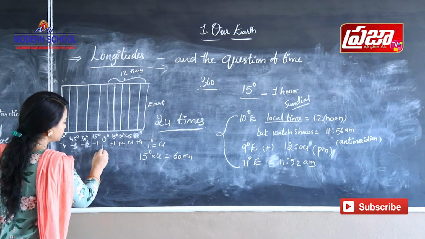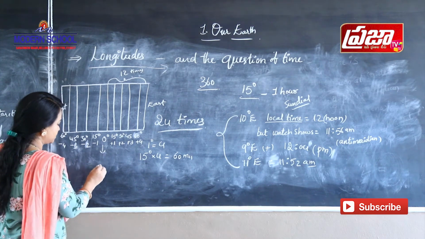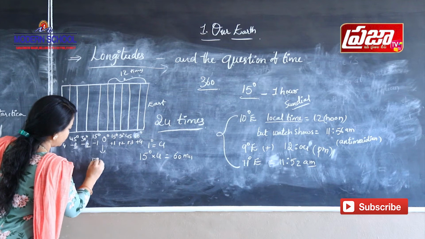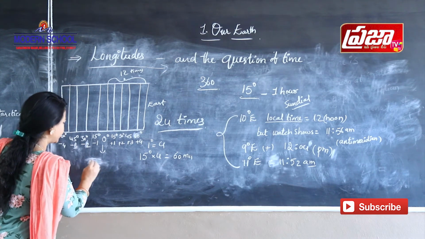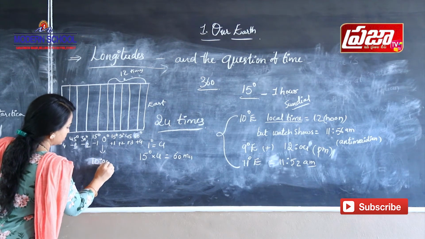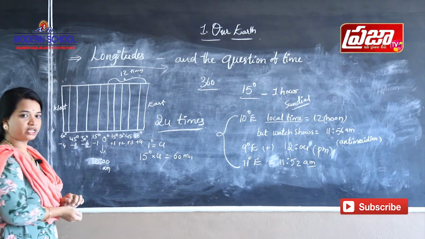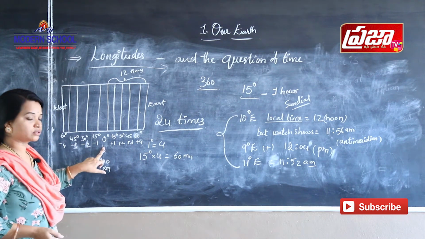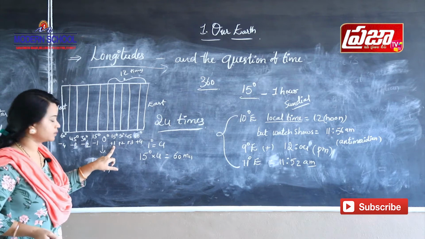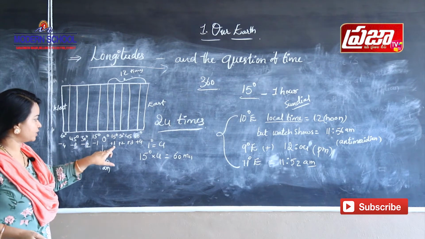Suppose, for example, the time is 10 o'clock, 10 a.m. in the morning. So we are moving towards the east side to 15 degrees. So you have to add 1 hour.